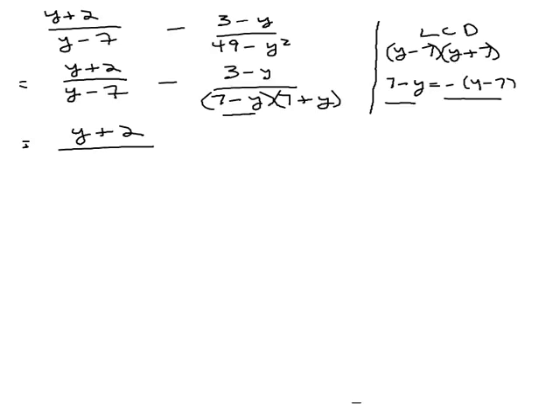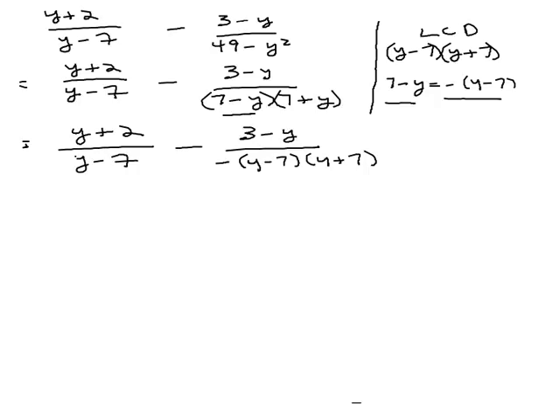So we start with (y + 2)/(y − 7), minus (3 − y), and we've decided to replace 7 − y with its equivalent, the opposite of y − 7. And then we still have y + 7, which I'm changing this to since that's the same thing as 7 + y.